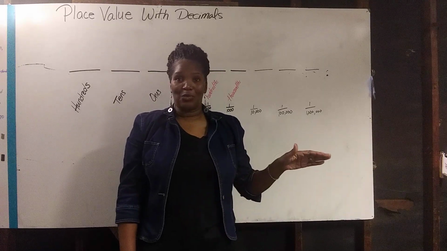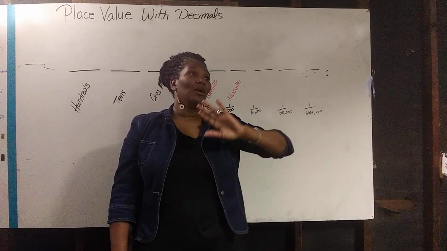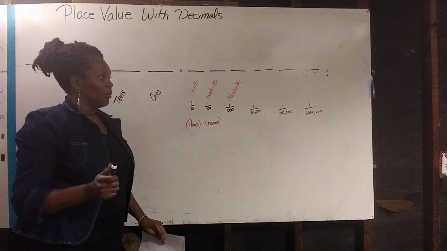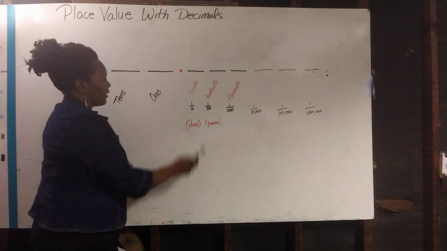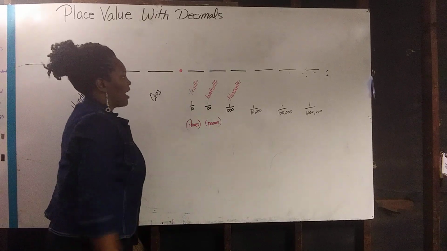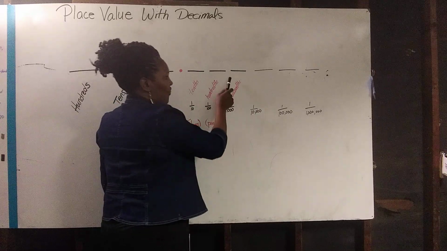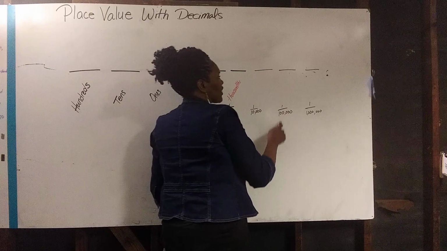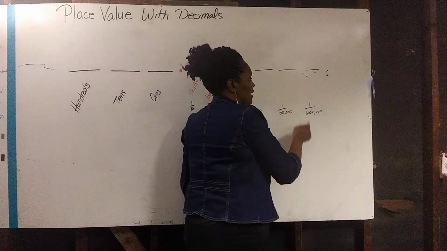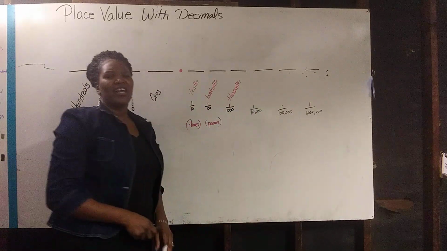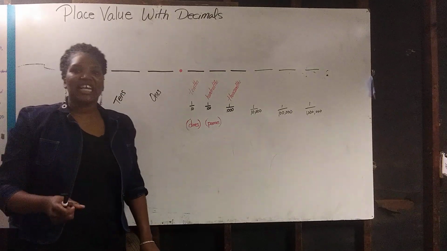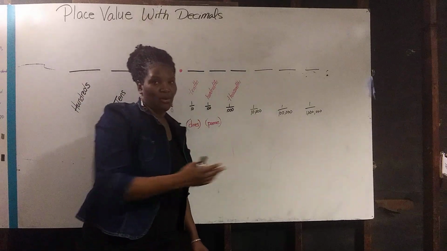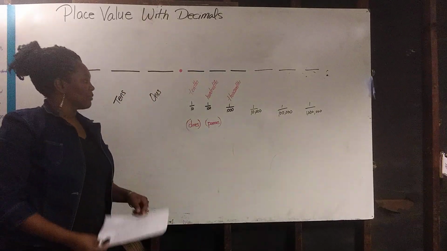The places I want you to know and understand are the tenths, hundredths, thousandths, ten-thousandths, hundred-thousandths, and millionths place. You know how I put the THS on the end? When you hear that, it's behind the decimal.